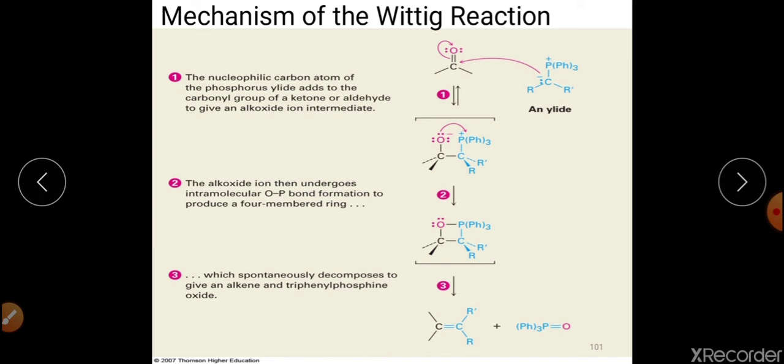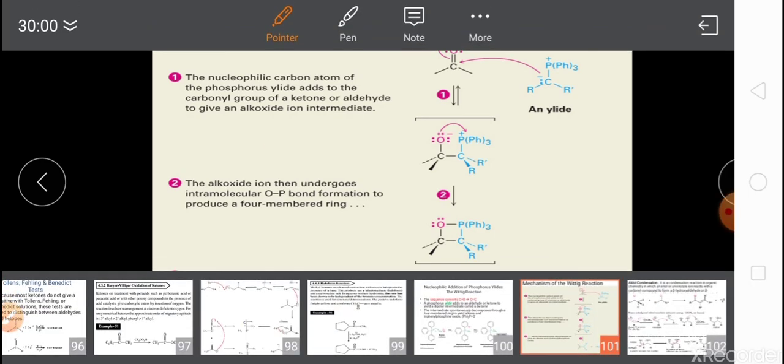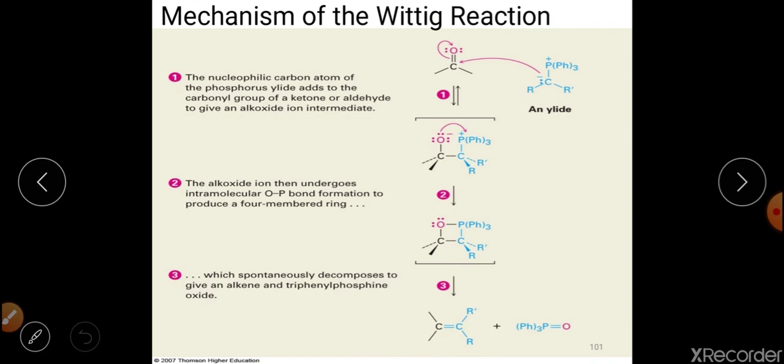Sometimes the question is asked from the starting of the reaction, and how can that be asked? I have already told you that this is your triphenyl phosphine.